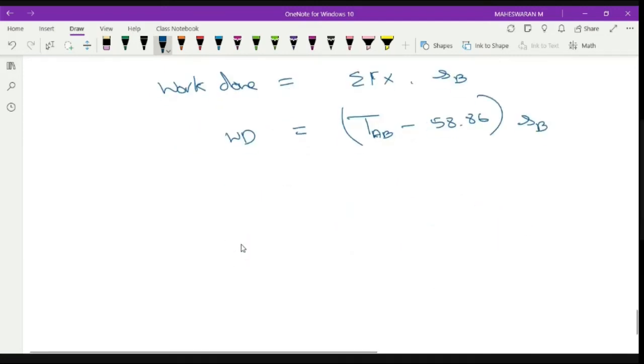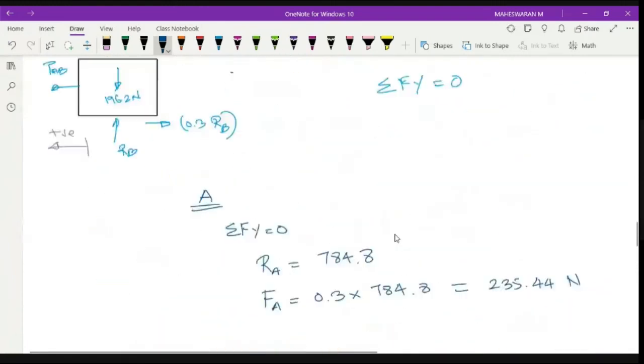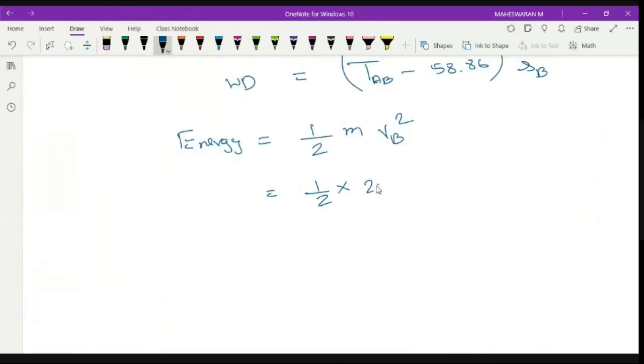Okay. So similarly, energy. Energy you will get half m VB square. Half into what is the block? So your block is 20. Half into 20 into VB square, which is equal to 10 VB square.